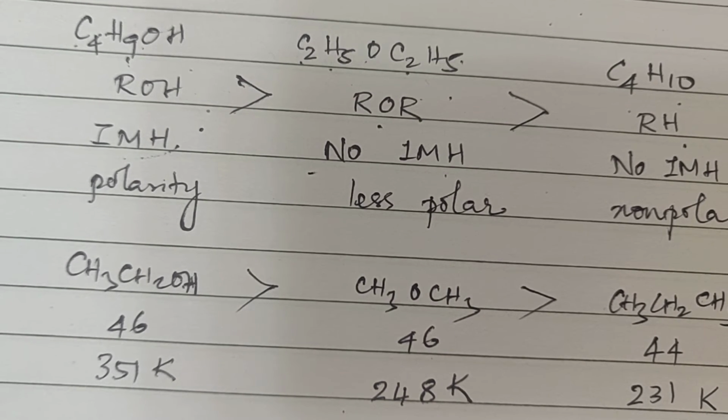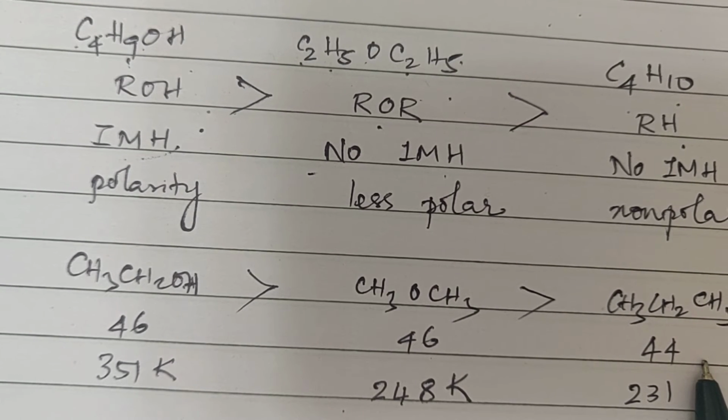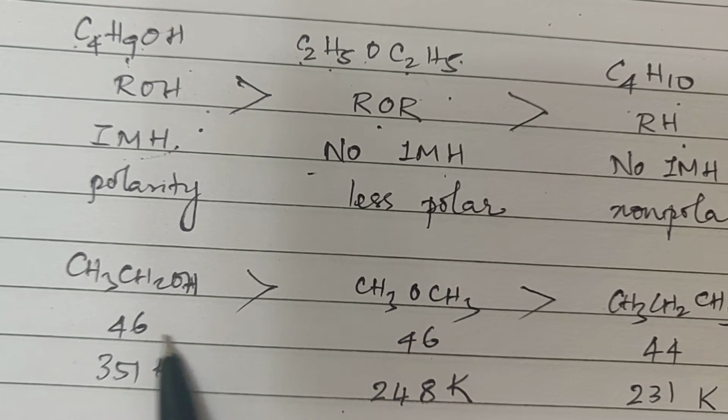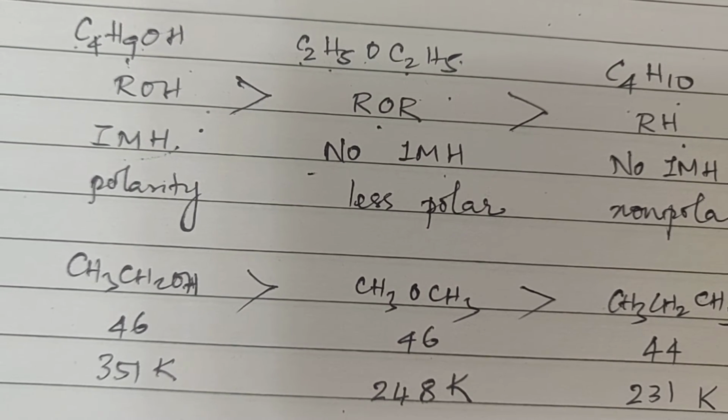Intermolecular hydrogen bonding is there in alcohol, it is not there in ether, and not there in alkane. So the magnitude of intermolecular hydrogen bonding is making the boiling point of alcohol much larger than that of ether and that of alkane.